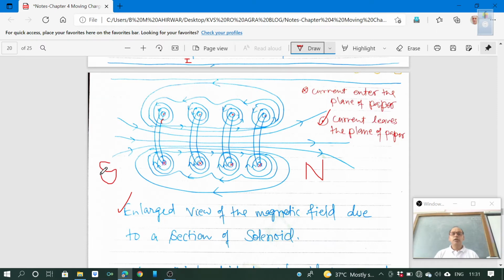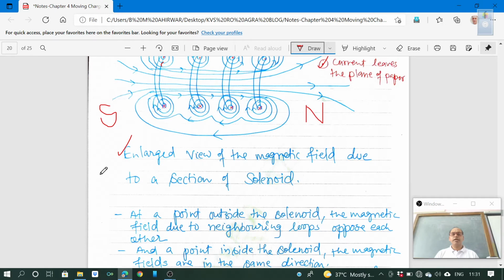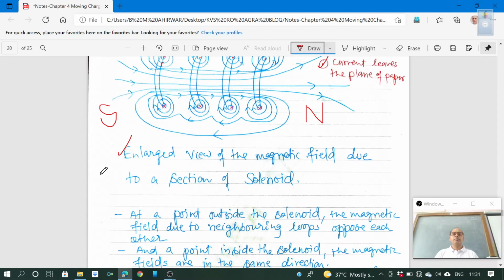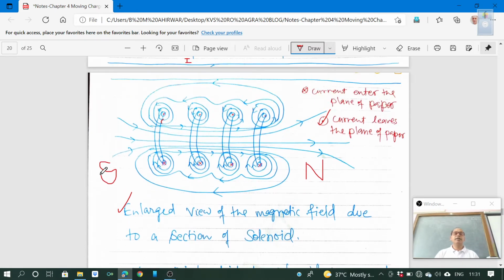So we can say at a point outside the solenoid, the magnetic fields due to neighboring loops oppose each other, because the direction of current will be opposite.